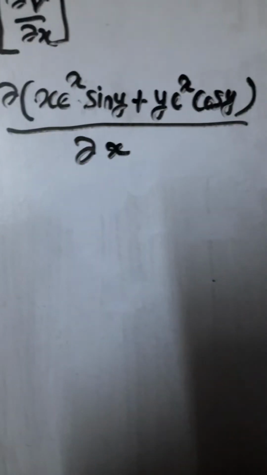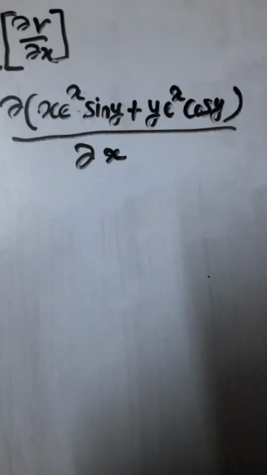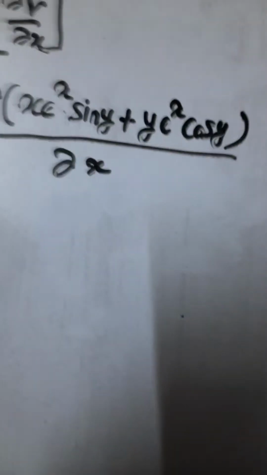Now what happens here is the e raised to x is common, right? Okay, so this is going to be tough, not easy. So what are we going to do with this? I have to explain this to you.